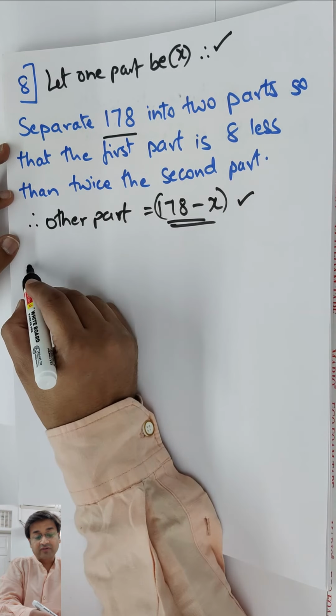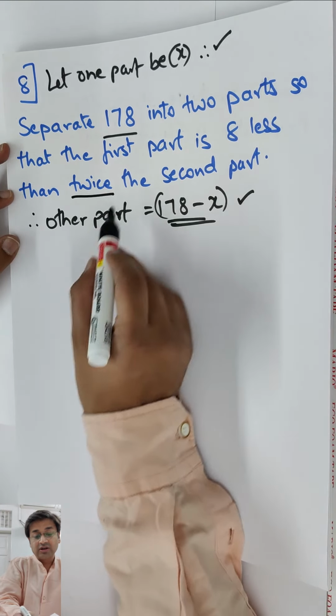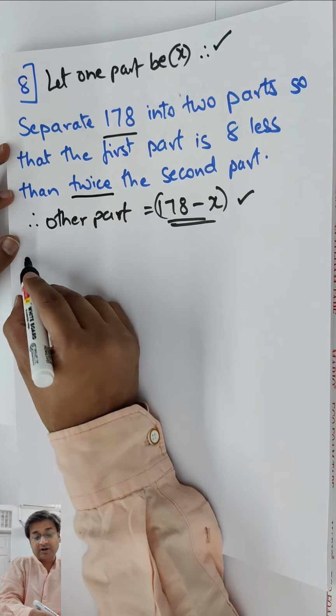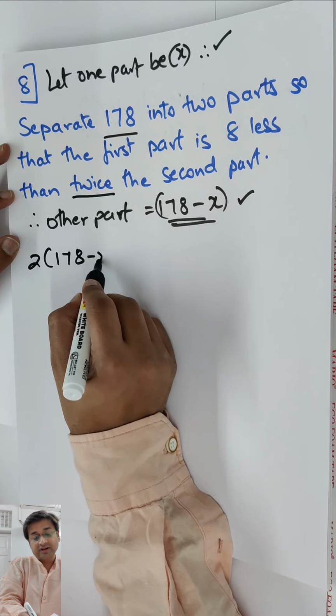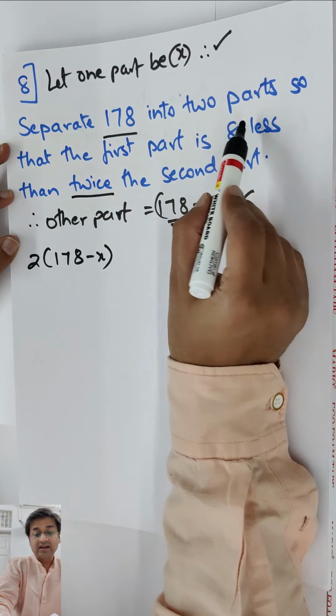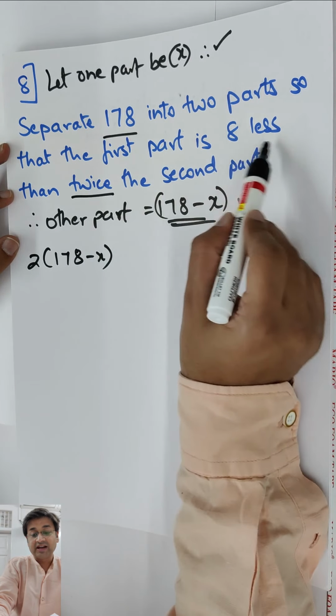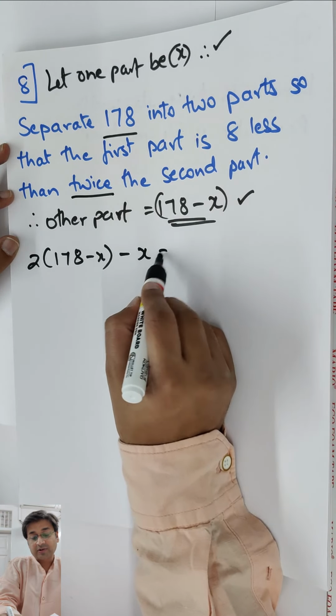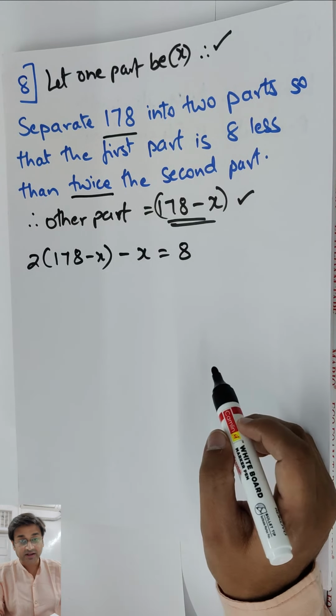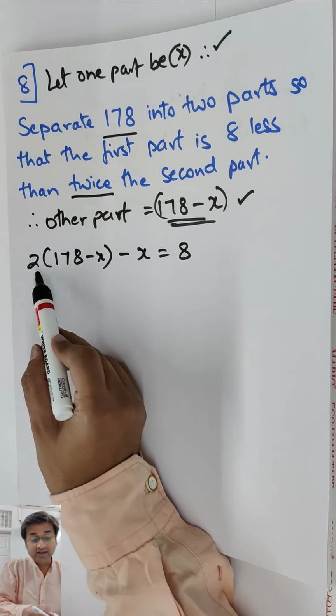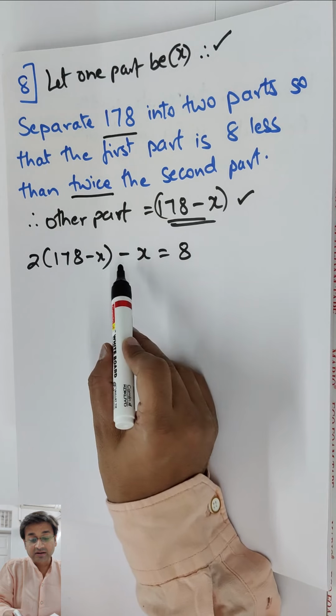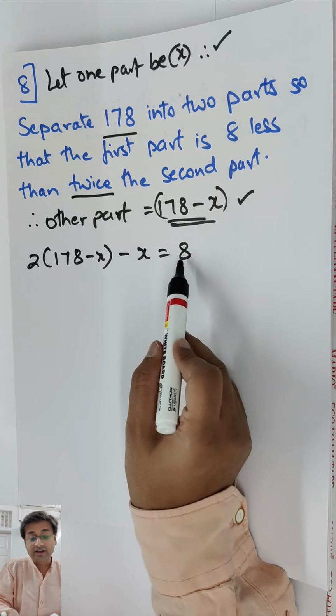So whatever is more we are writing first, and that too twice. Twice the second part, so second part ka double, 178 minus x. And this is less. First part is 8 less. So minus the first part, what will be the answer? 8.